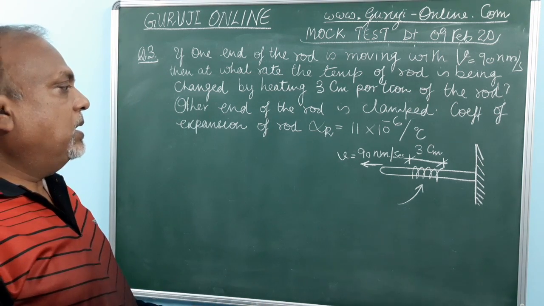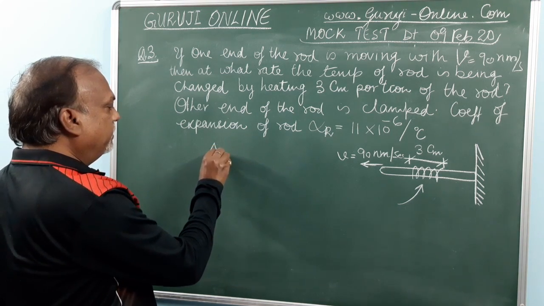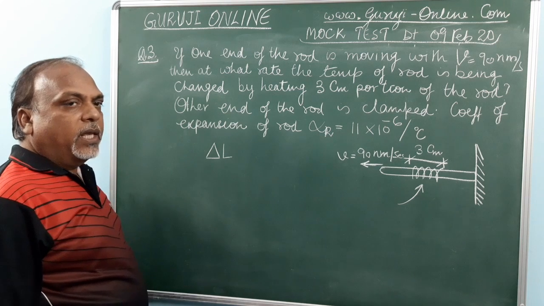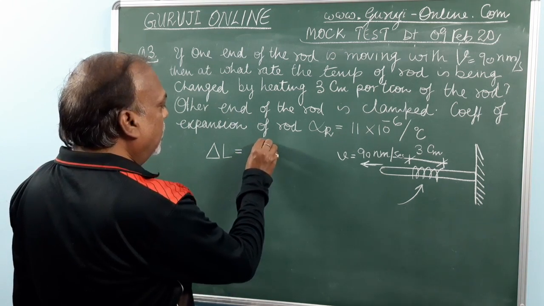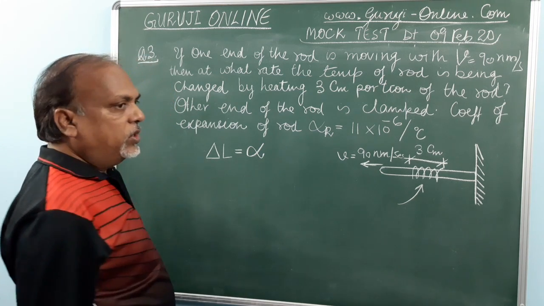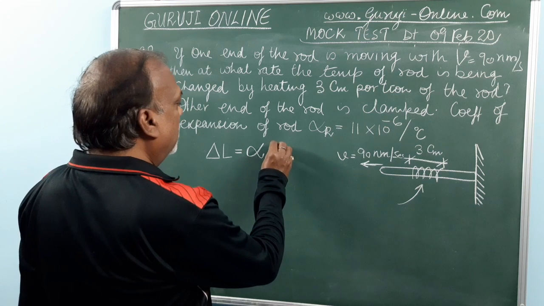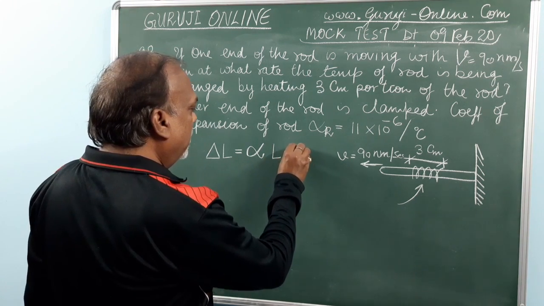When the temperature is raised, you already know that the elongation in the length is given by coefficient of expansion into L into delta T.